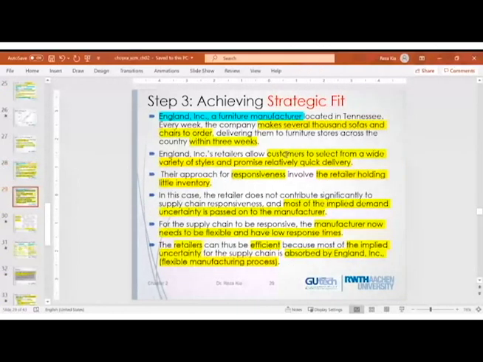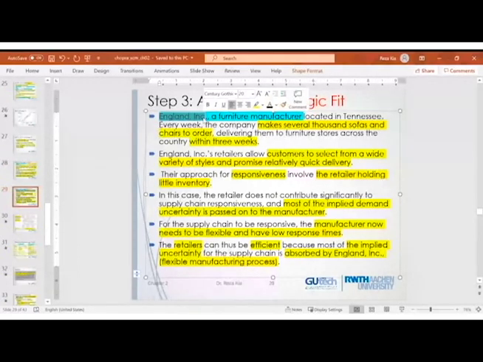And the other example, a kind of opposite example, is related to another furniture manufacturer. You see, the product is still the same, the sofa and furniture, but this time the example is related to England Incorporated, and they are providing thousands of furniture, and their strategy is make to order.